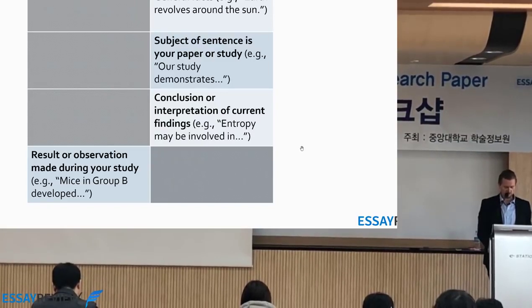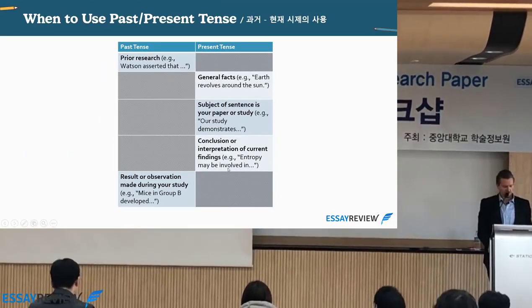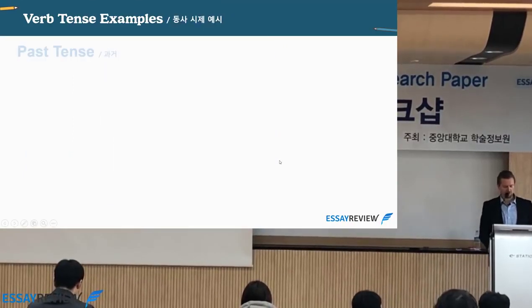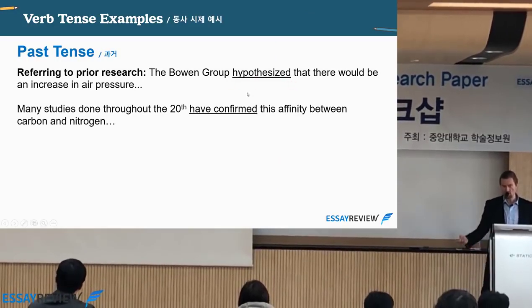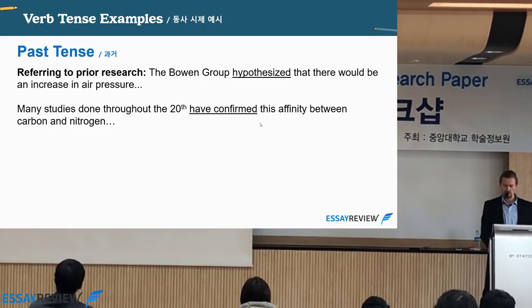So let's see some more examples. Use past tense when referring to prior research. "The Boeing group hypothesized that there would be an increase." This actually depends on if you're using APA or other; I believe with AMA and APA, you will use past tense.